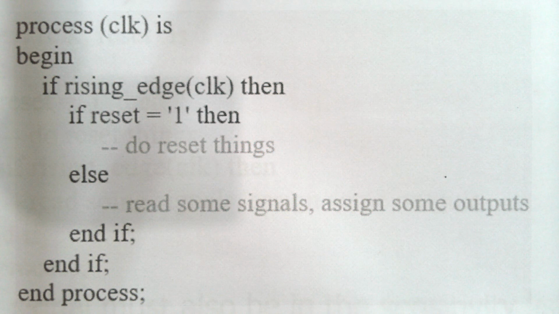Now what you realize is we have a synchronous reset. The reset is synchronized with the clock, right? So that clock port, look at how it's aligned with the reset.